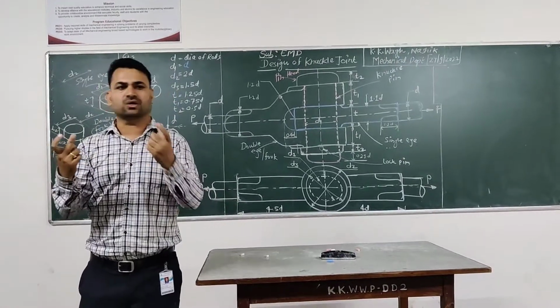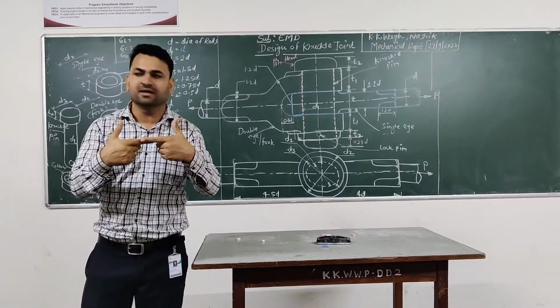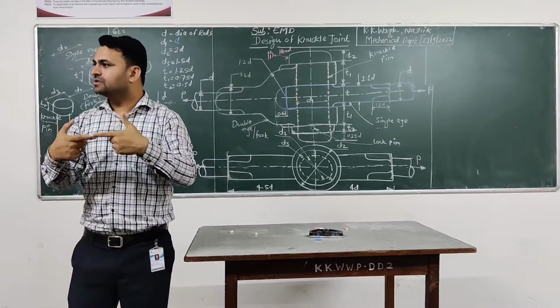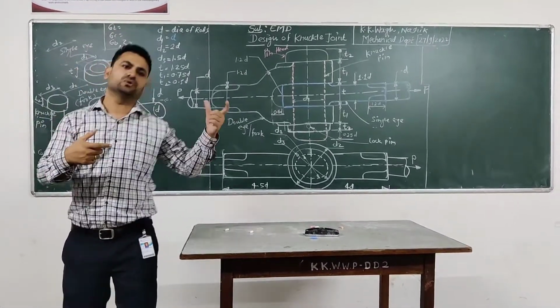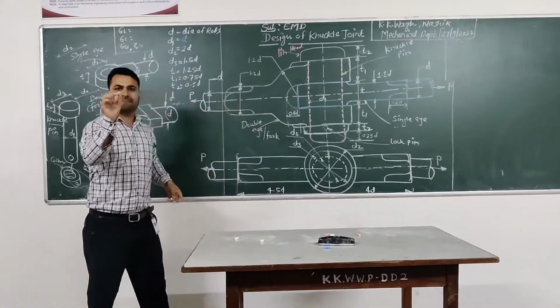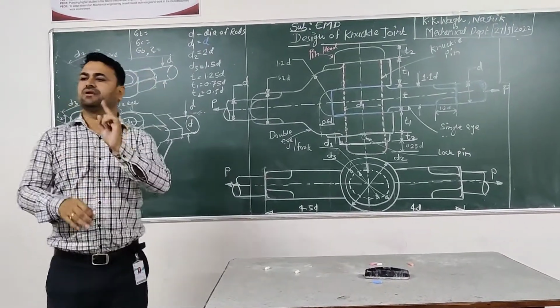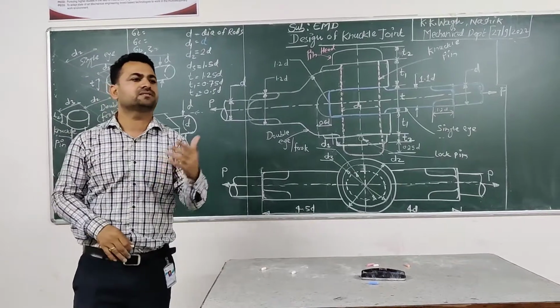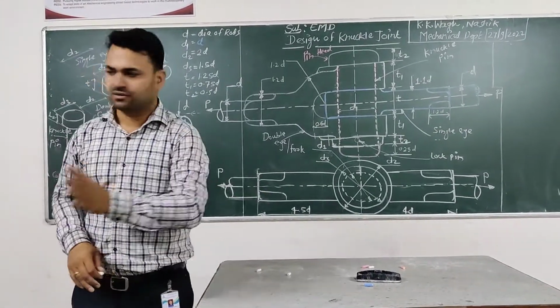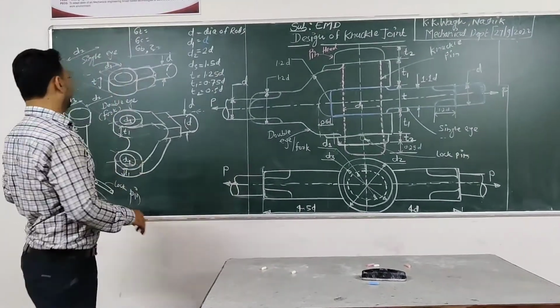We have to connect the tractor and trolley, so we can use this joint. There are many applications of knuckle joint, but we are taking only one practical application: tractor and trolley.